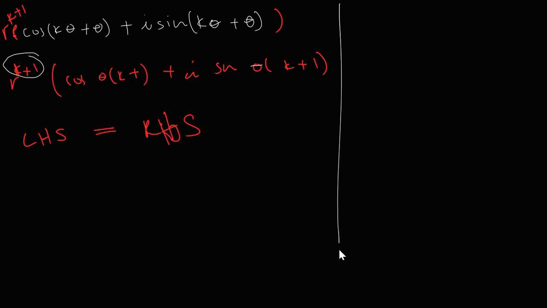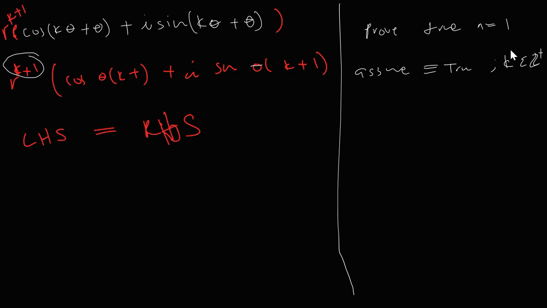If we reflect back on what we did, we first proved that it was true for n equals 1, and then we assumed it was true for k, where k was an element of the positive integers.